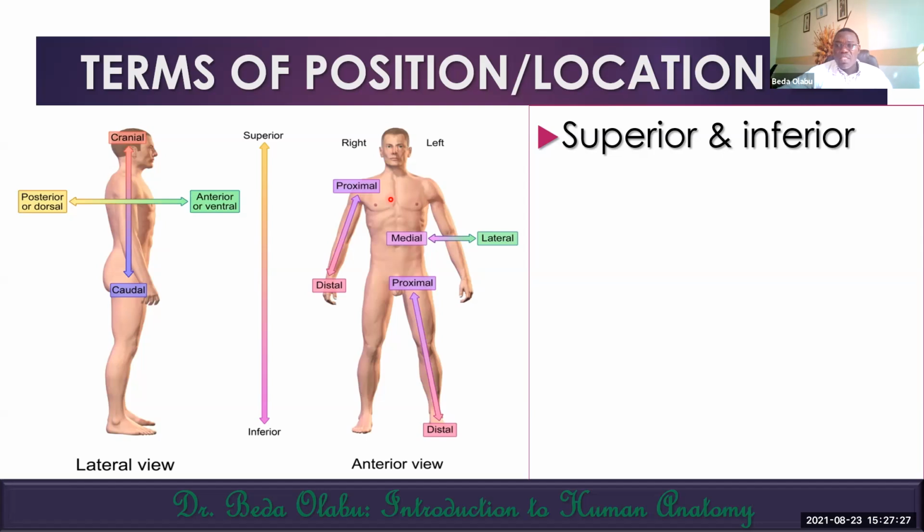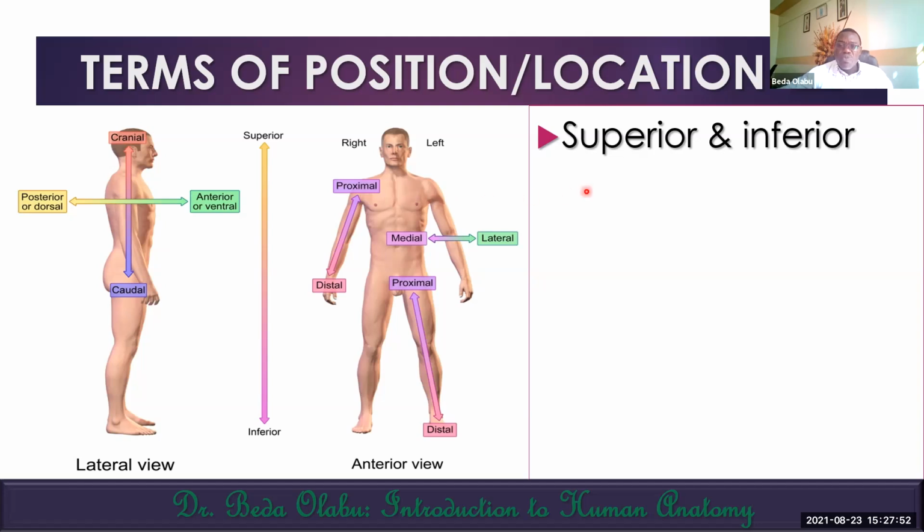Think through the heart and the diaphragm. So the diaphragm is inferior to the heart, or the heart is superior to the diaphragm. Think about the right lung and the liver. The right lung is superior to the liver, and the liver is inferior to the right lung.